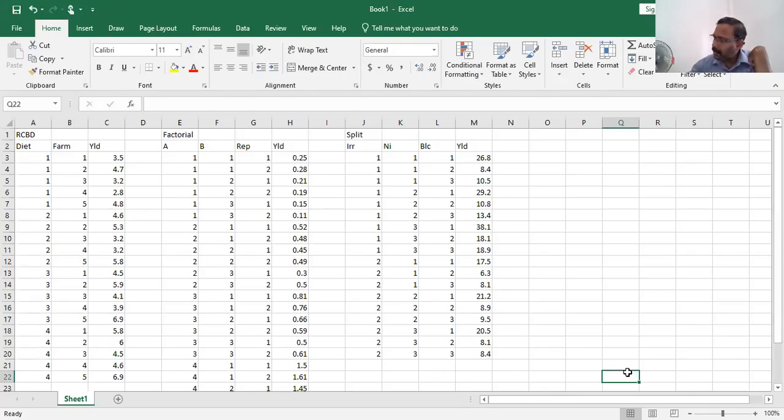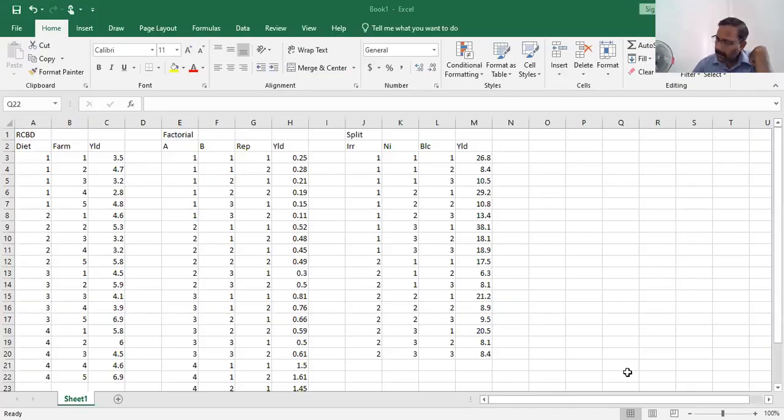I have already entered the data in an Excel sheet. I'm going to use that because we are spending a lot of time. Can you all see the screen? So this is the diet, this is the farm, and this is the yield that I have already entered.